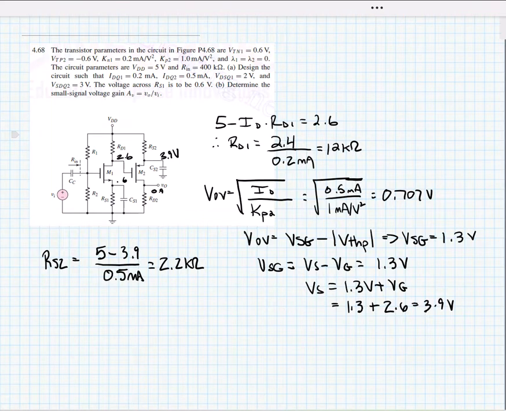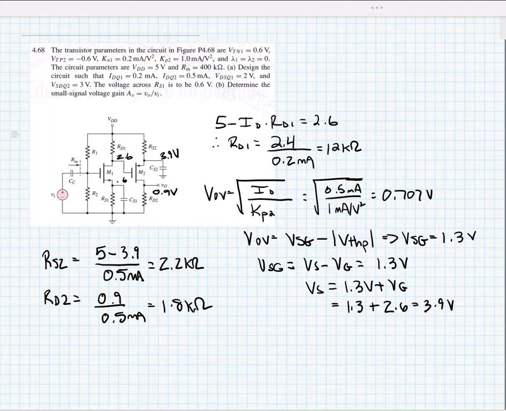And we can now find the value for RD2, 1.8 kiloohms. Okay, now that we know the values of all of the resistors that are tied to the sources and drains of the circuits, we can find the voltage gain.